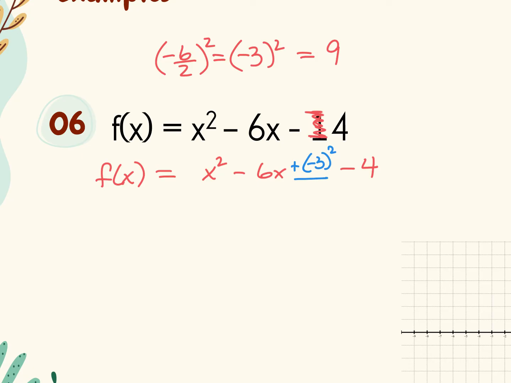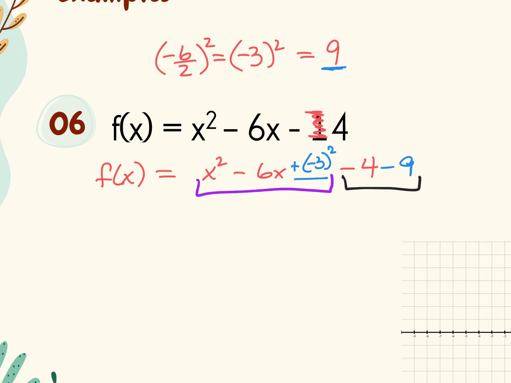But because I didn't move it to the other side, instead I'm subtracting 9. So when you square it, normally you would be adding 9, but because I didn't move it, I'm going to subtract 9. And now I'm going to factor my trinomial, and I'm also going to combine these like terms here.